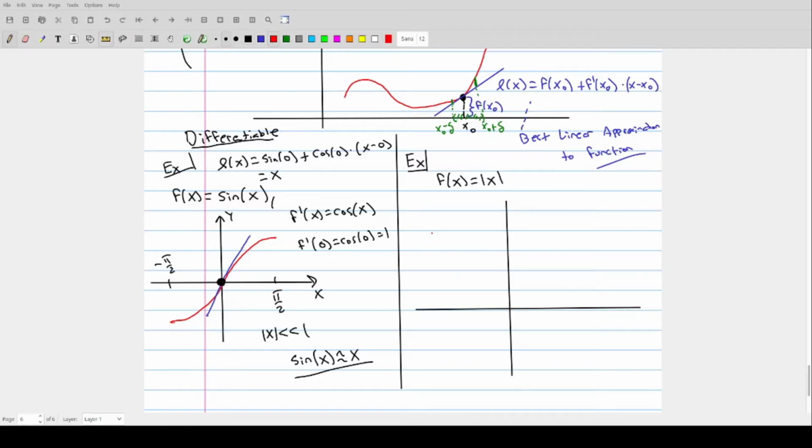Now remember that the absolute value of x looks like negative x when x is negative, and it's the function positive x when x is positive.